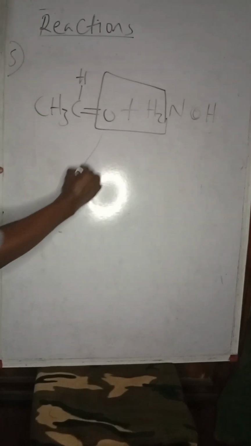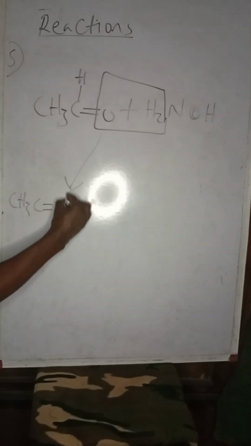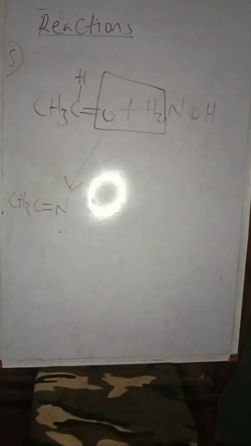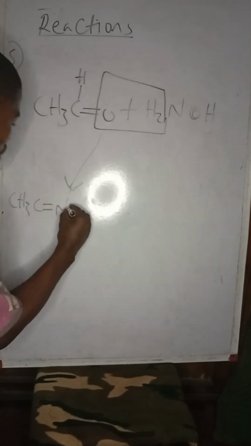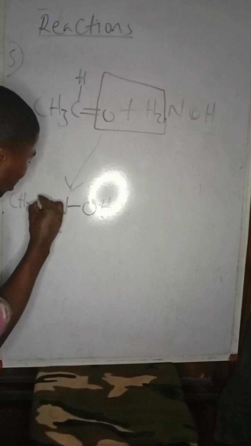So what becomes our major product? CH3, C double bond N, OH.